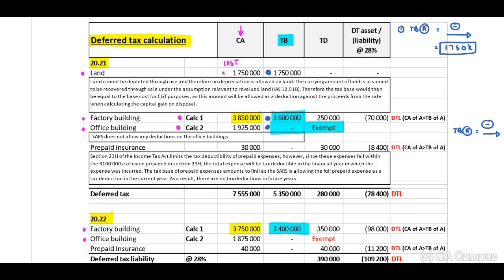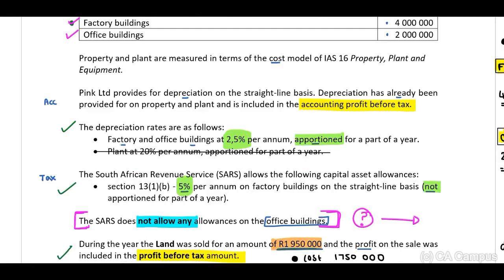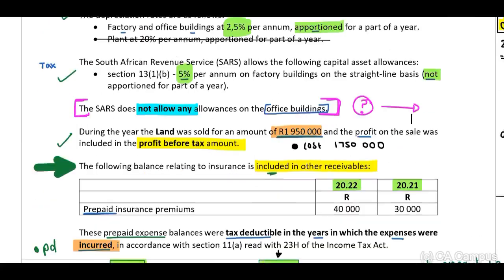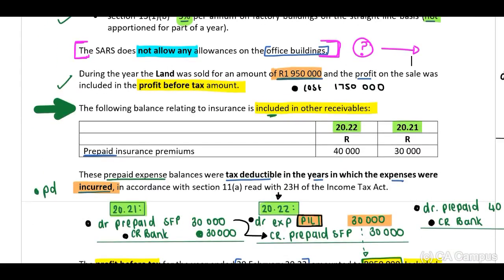Okay, now let's refer back to our scenario. We have transferred land, factory building, office buildings, and we have prepaid insurance premiums, right? Now, if we look at this, for accounting purposes, we have a balance in 2021 of 30,000, 2022 of 40,000.